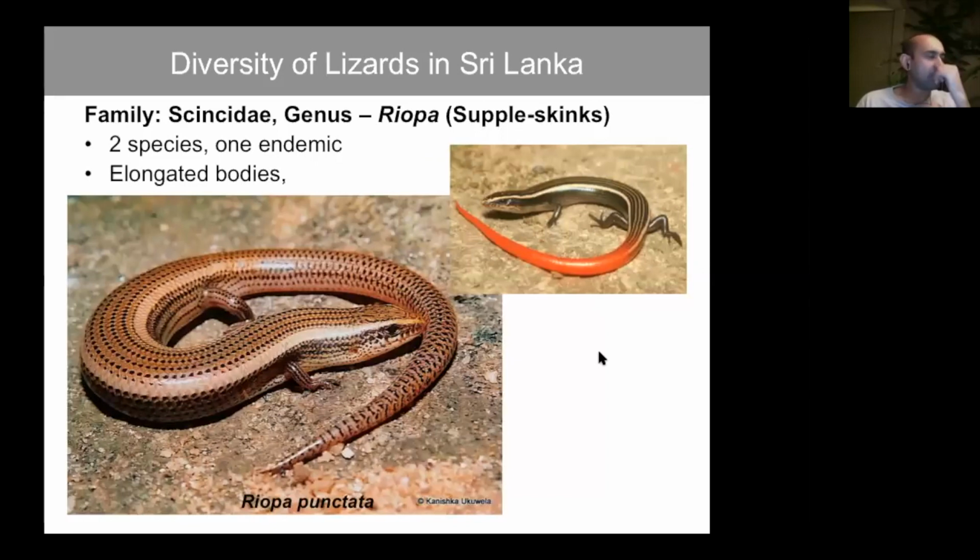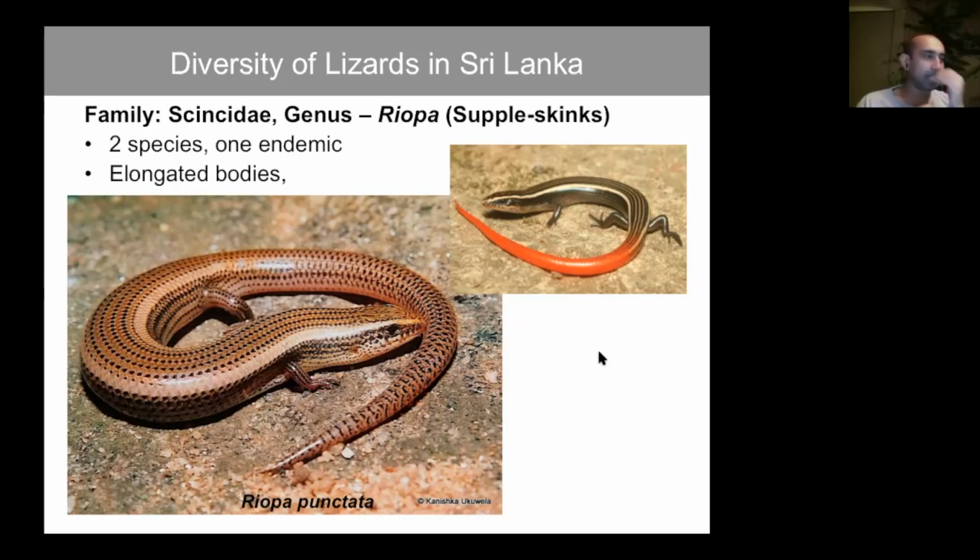Right, and then we have the supple skinks, or the rayapa. This is again not a very rare skink in this country. It's present in most gardens. Most of you have probably seen the babies or juveniles, which are characterized by an extremely red colored tail. Right? Not only in this particular species, but in several other species in the world, the juveniles have these extremely brightly colored tails.